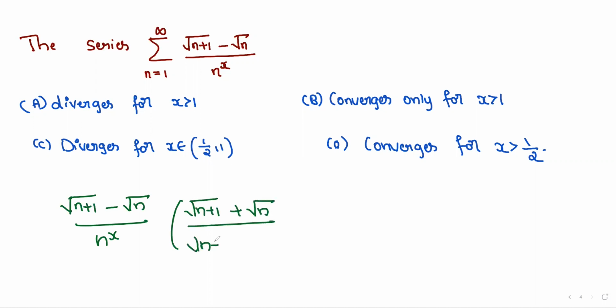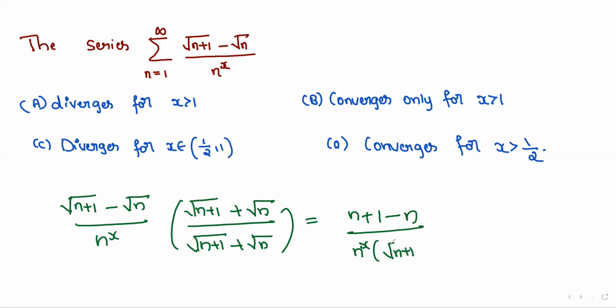On multiplying and dividing, using (a minus b)(a plus b) equals a square minus b square, we get (n plus 1 minus n) divided by n power x into (root n plus 1 plus root n), which is equal to 1 by n power x into (root n plus 1 plus root n).